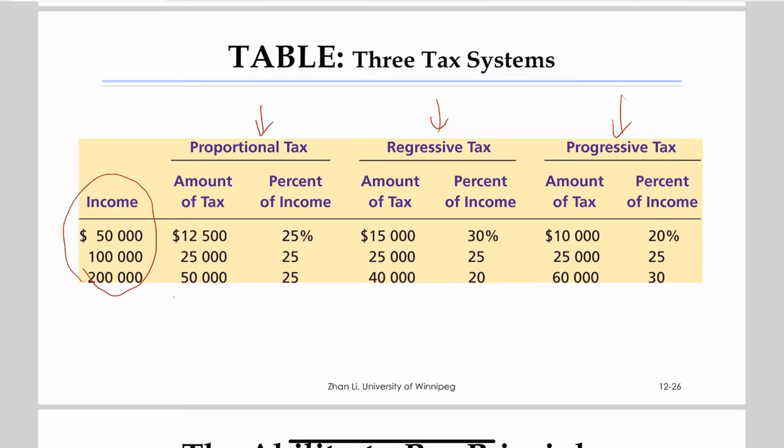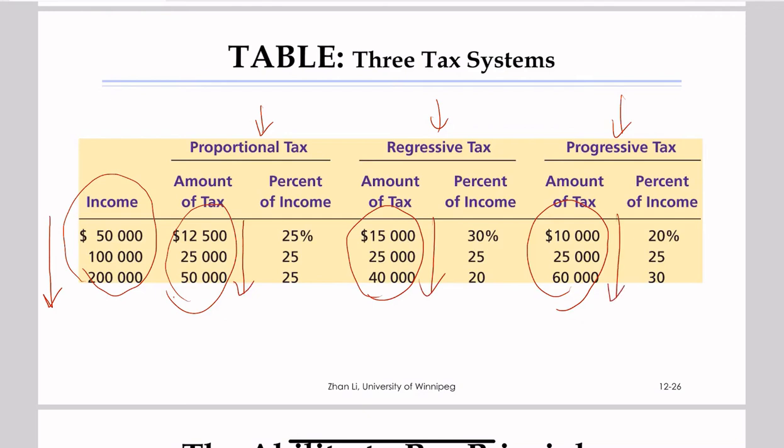In each of these cases, we always have the same result if you're looking at the amount of tax. What you can see here is that as your income increases, the amount of tax you pay always increases. So if you're just looking at the amount of taxes these taxpayers are paying to the government, you would think that this is a fair system.